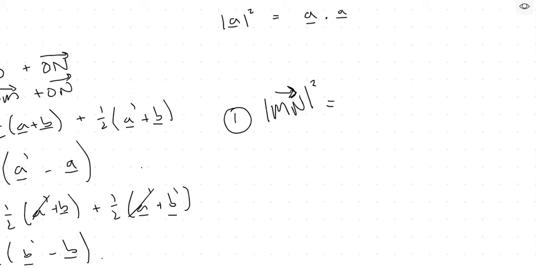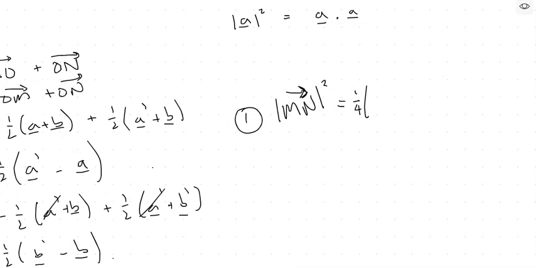So the vector MN all squared is equal to a quarter of (A minus A dash) dotted with (A minus A dash), right? Dotted by itself.